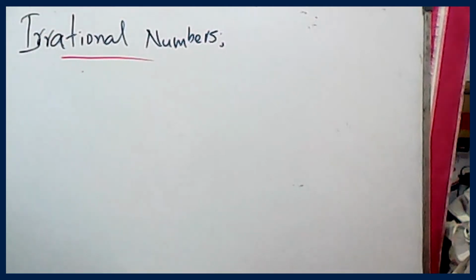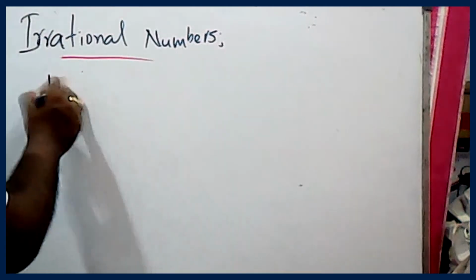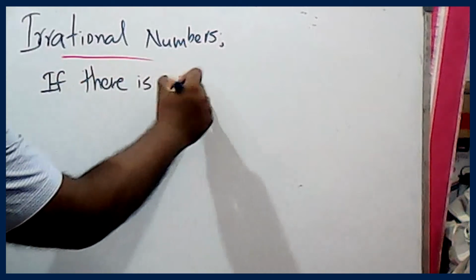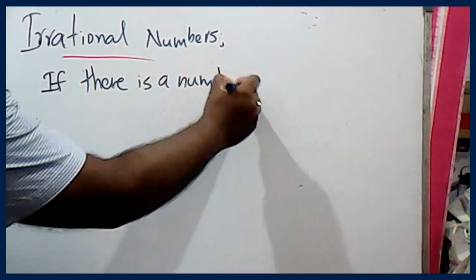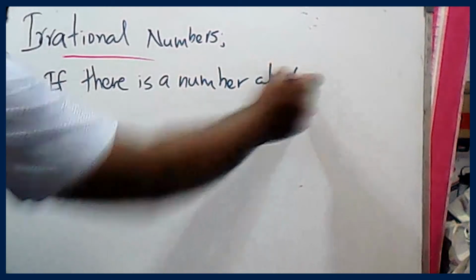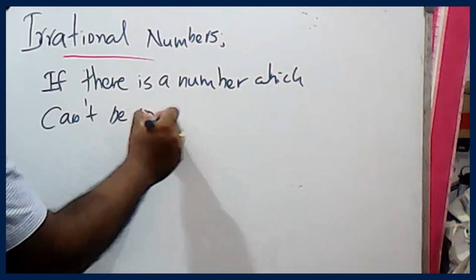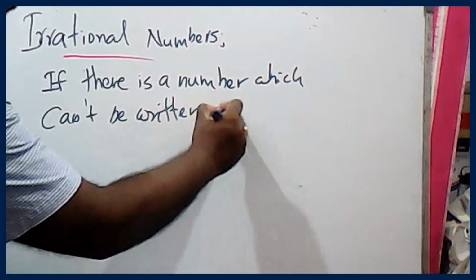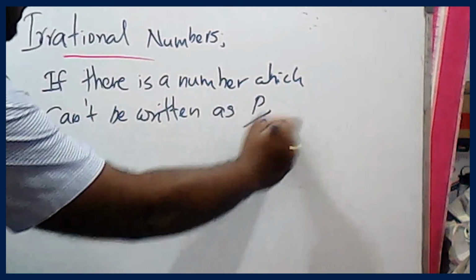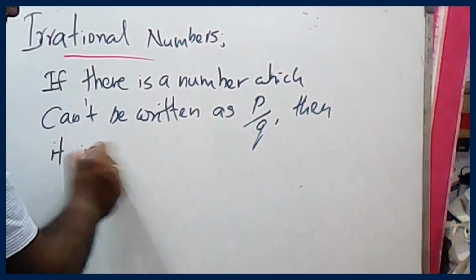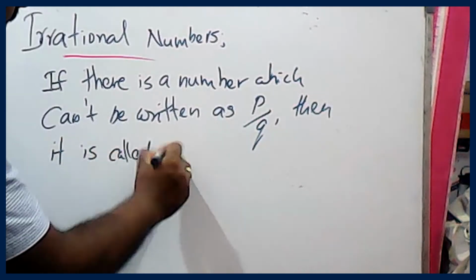If there is a number which can't be written as P over Q, then it is called an irrational number.